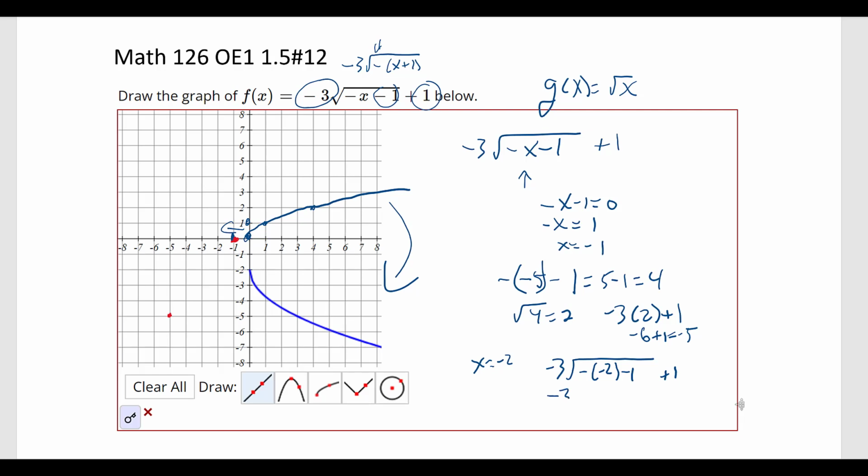That's negative 3 times the square root of 2 minus 1, plus 1. So negative 3 times the square root of 1, plus 1, is just going to be negative 3 plus 1, which is negative 2. Oh, I got that in the wrong spot. I apologize. It should go here. So we're getting a curve that looks like this.